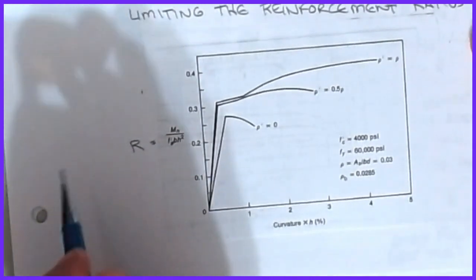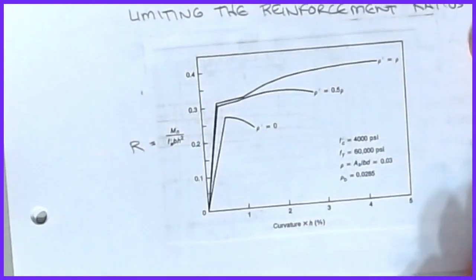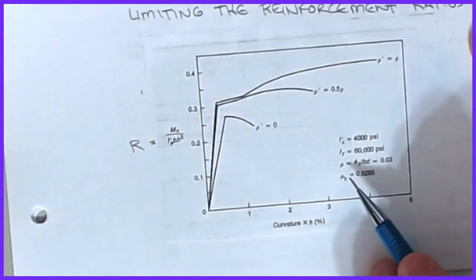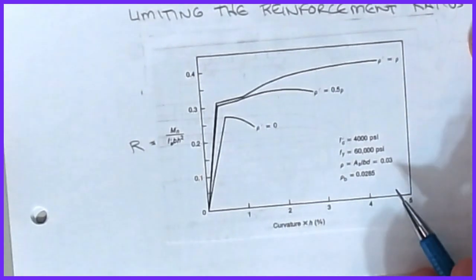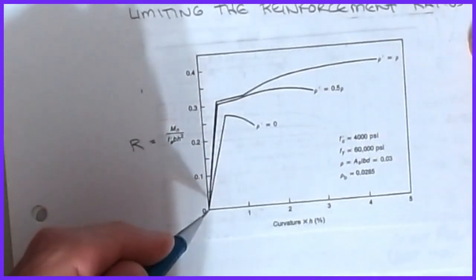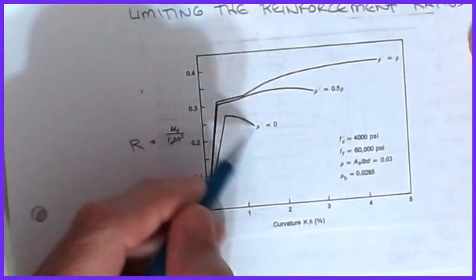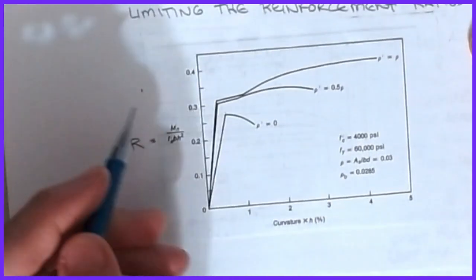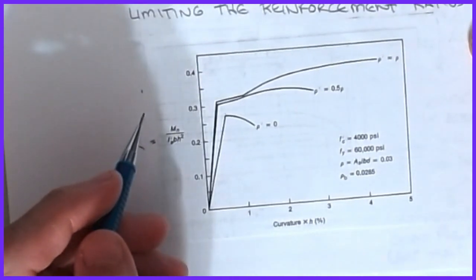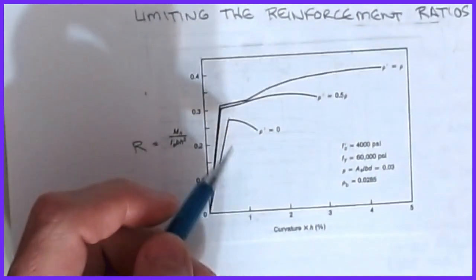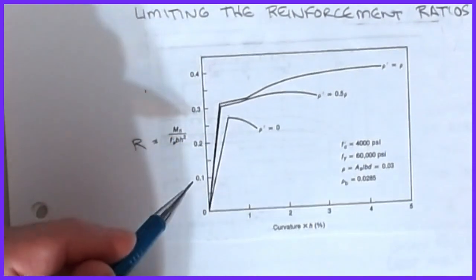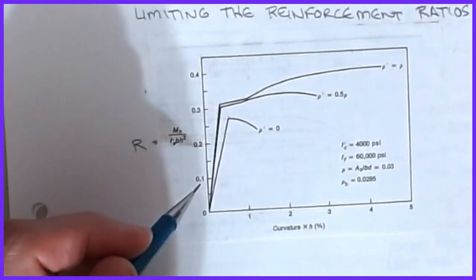For the set of experiments they were doing, they had a rho of 0.03 and a rho balanced of 0.0285. In the case where I have no compression steel, you can see that it builds up and then it just dies. As soon as it cracked, it was done. In a reversal case, there's no steel to arrest that reversal where the compressive side now goes into tension. There's no reinforcing there when the load switches on you.